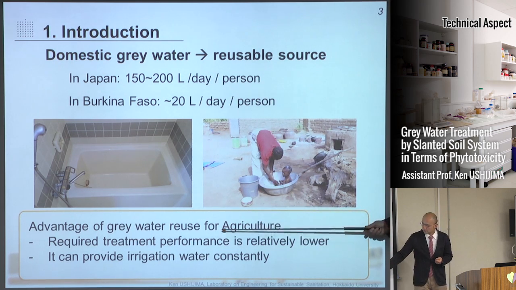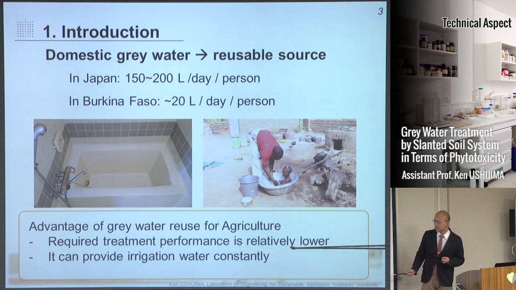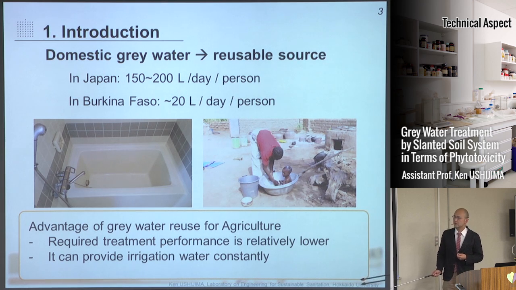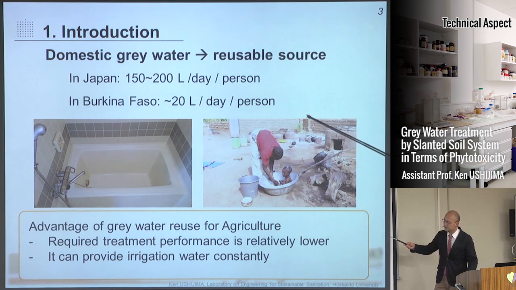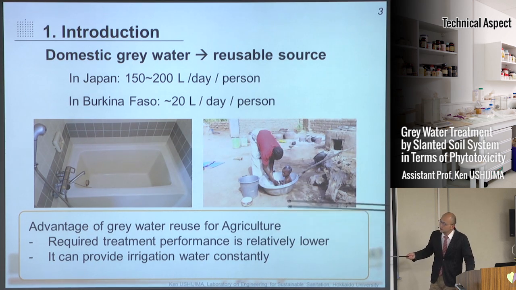In this case, the first advantage is that the required treatment performance is relatively lower, because the concentration of contaminants in gray water is very low compared to black water. So it is very easy to treat.